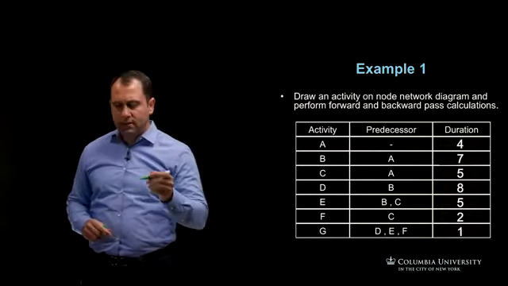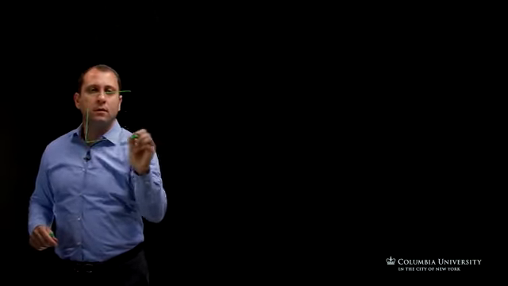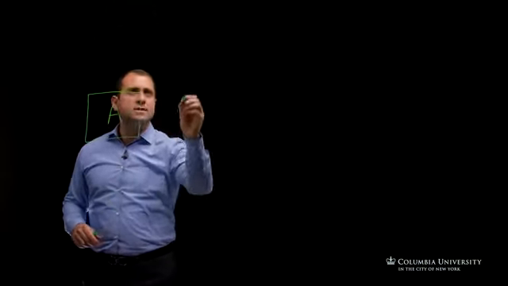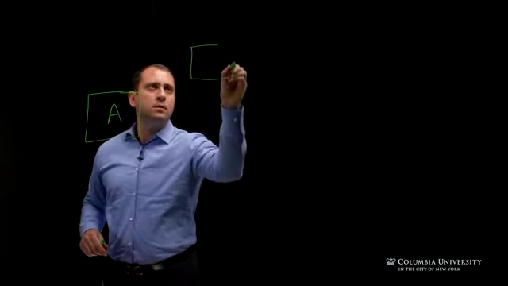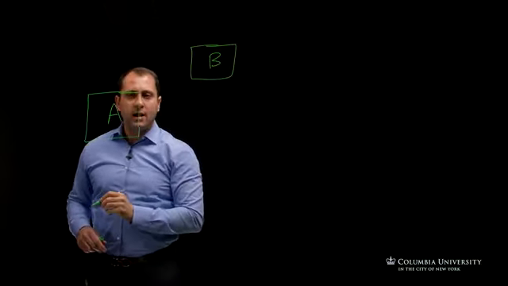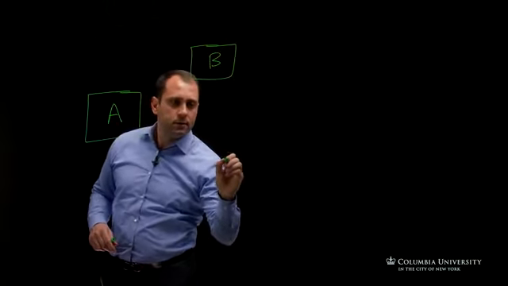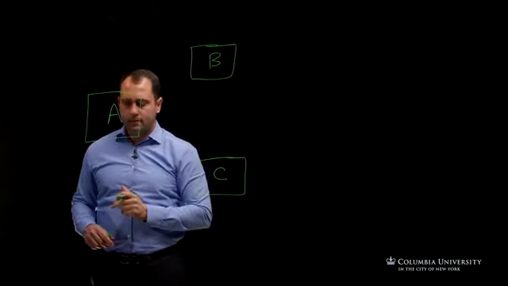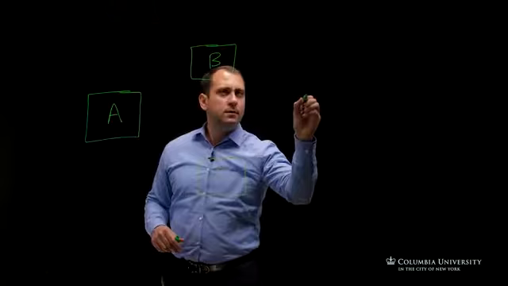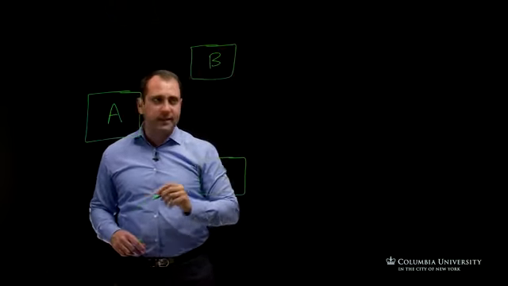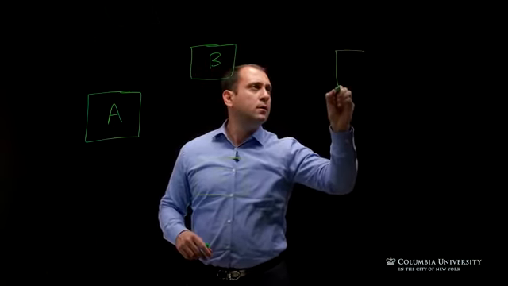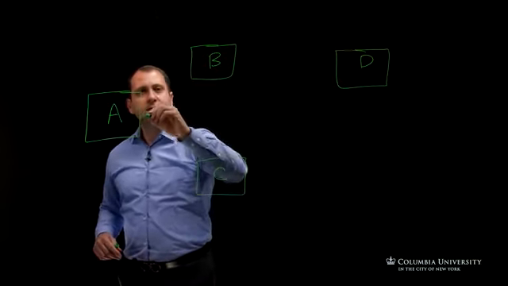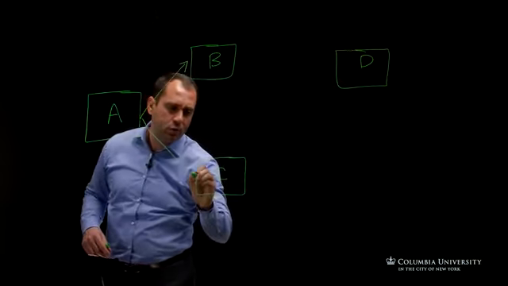So the first activity we said, we have activity A here, and then activity B has A as a predecessor, and then we have activity C, with predecessor A, and then we have activity D, predecessor B. So in this case, that's the relationship between the activities.